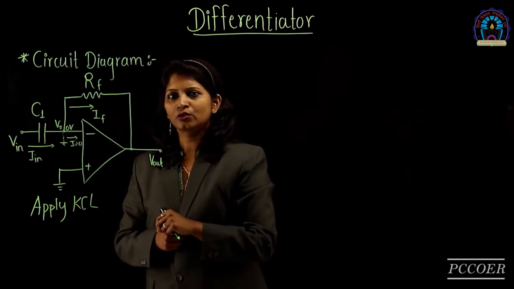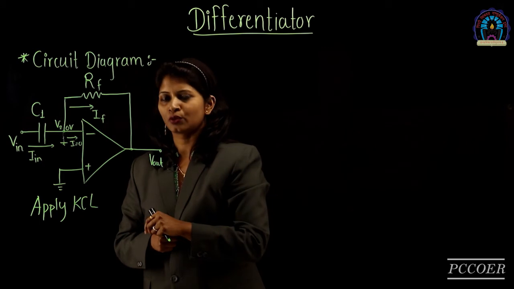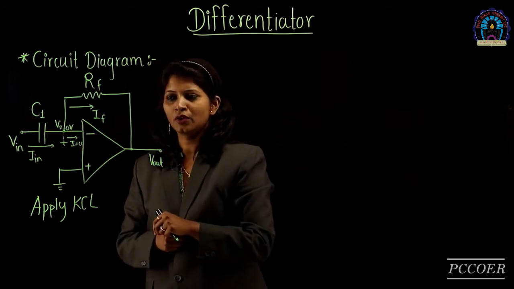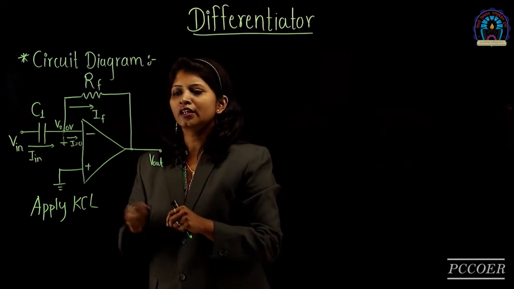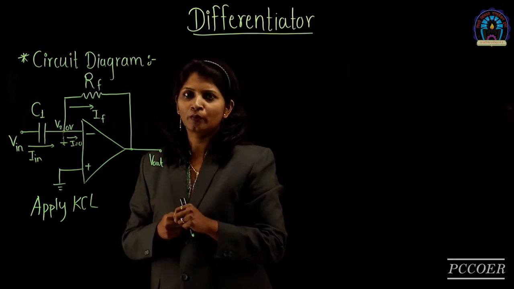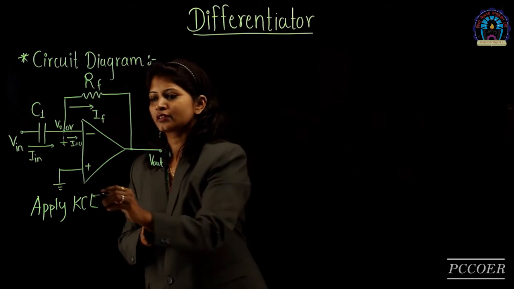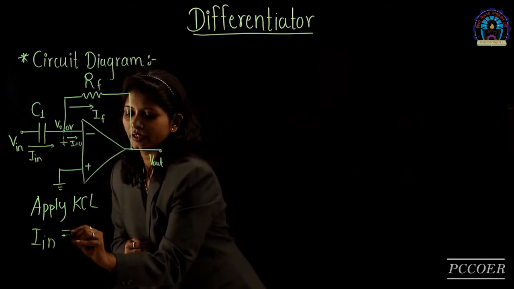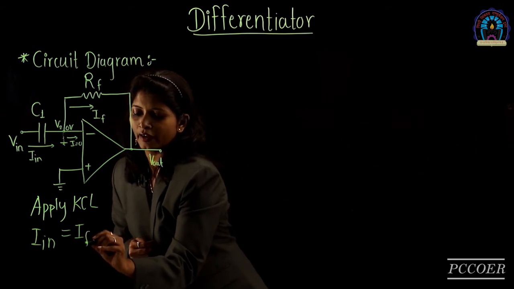Similarly, I is also an outgoing current, but its value is 0 because the voltage present at the node V2 is 0, and ideally the input currents of both the terminals of the op-amp should be 0. So that's why the equation we get after applying the KCL is In equals If.